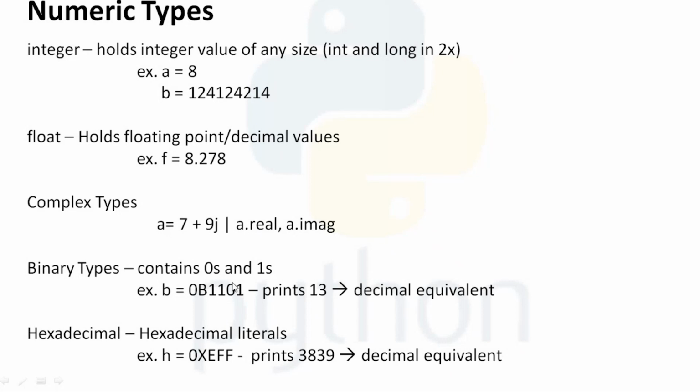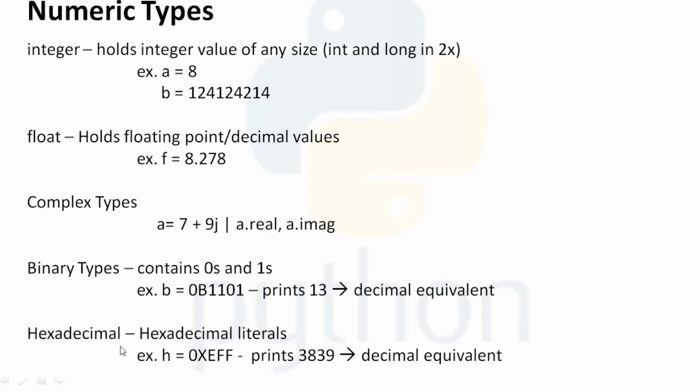If you see this 0b, 0b is Python's convention to understand this is a binary number. And if you see 1101, this is the binary format for number 13. Number 13 in decimal is equivalent to 1101 in binary format.